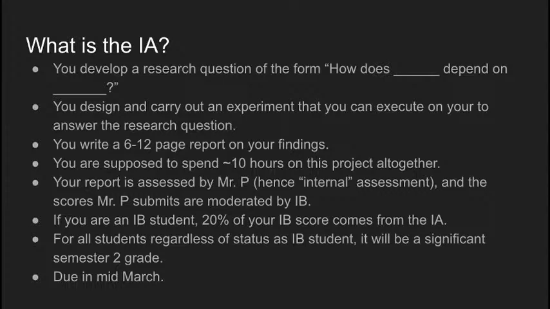We can talk about your phones because your phones actually have a lot of ability to take measurements that are relevant to physics. Then you write a 6 to 12 page report on your findings. So basically, you come up with a research question. You develop and do an experiment to answer your research question, and then you report on your findings.